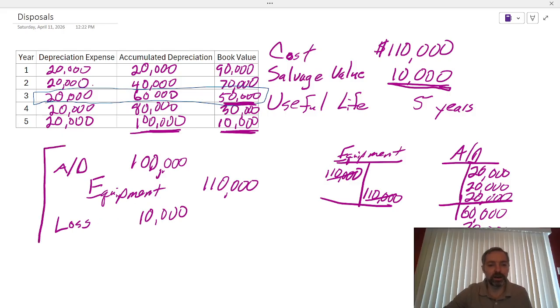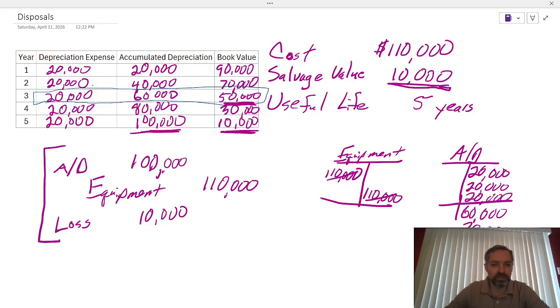I know students often get confused about what to do if I didn't get any cash. Usually it's a loss because you're just throwing it away, and if there's any value left, then you just lose that remaining value.